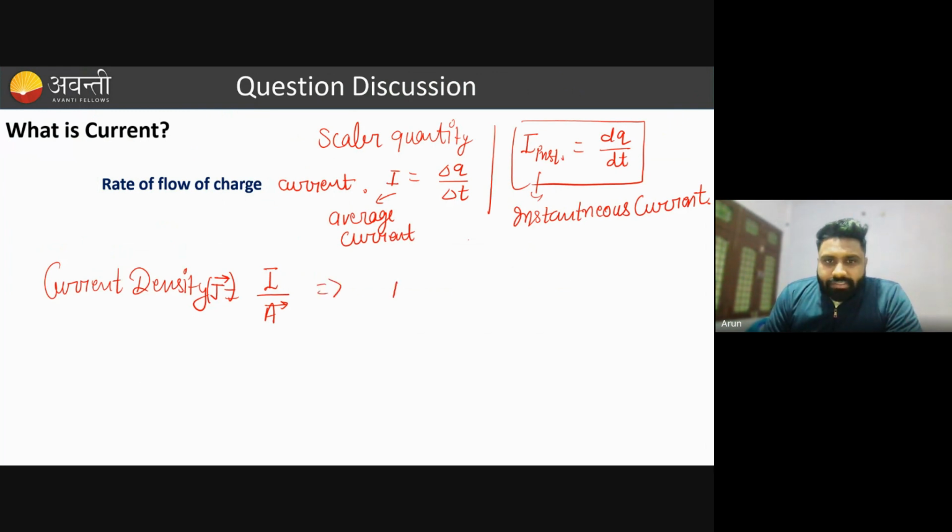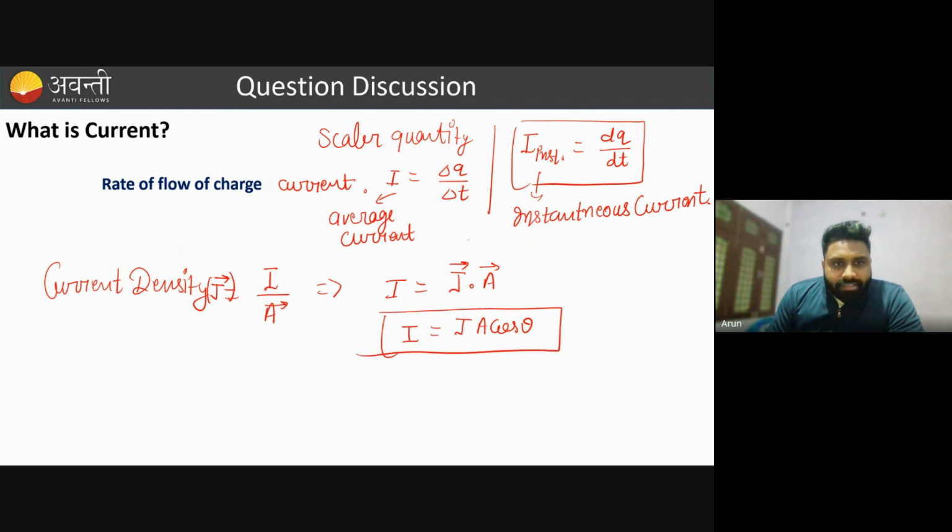So from this expression, I equals J dot A. If you open this expression, I will become J dot A, that is JA cos theta. In the same example, if this is the particular area of cross section and this angle is theta, you have to take this component, which is A cos theta.